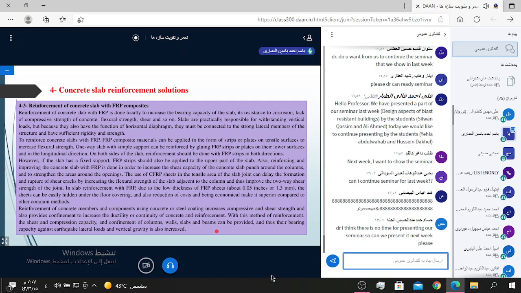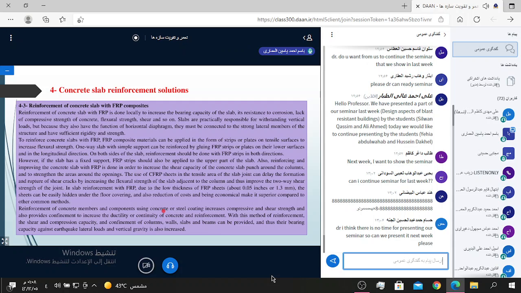A one-way slab with simple support can be reinforced by attaching FRP strips or plates on its lower surface in the longitudinal direction. For slabs supported on both sides, reinforcement should be done with FRP strips in both directions. However, if the slab has fixed support, FRP strips should also be applied to the upper part of the slab.